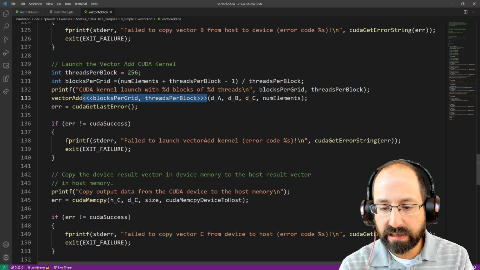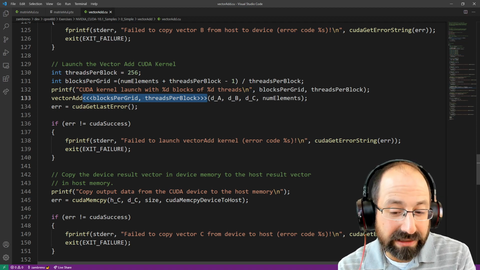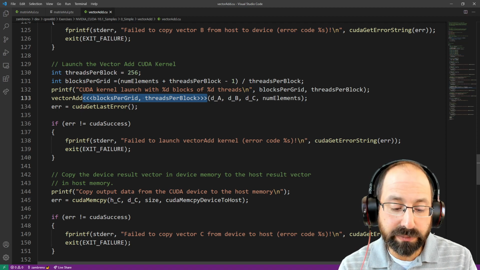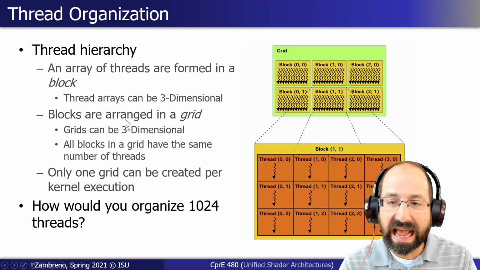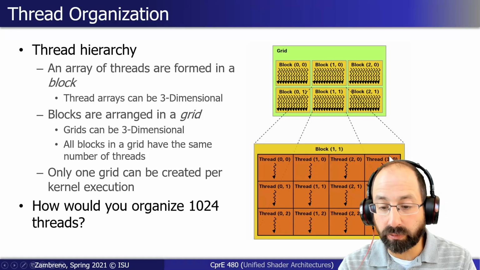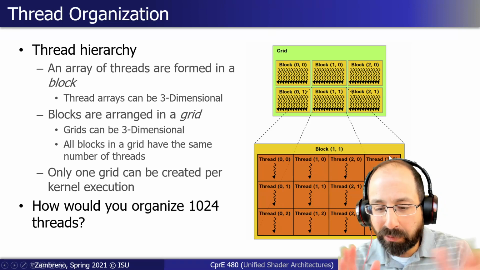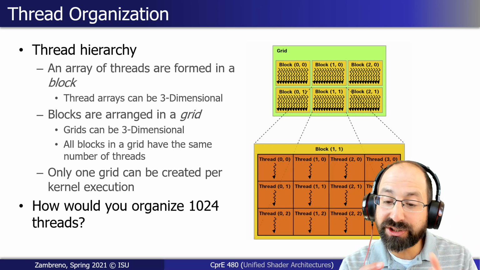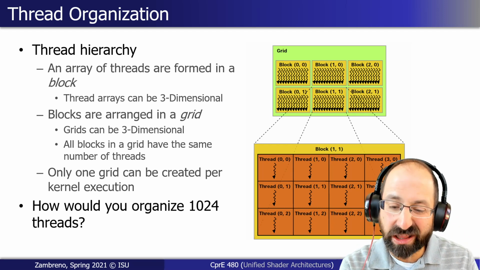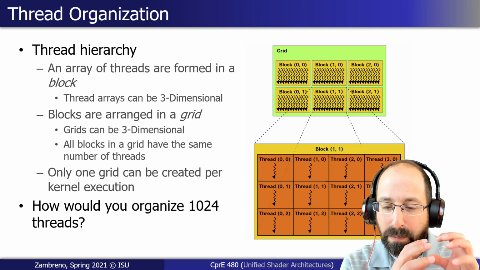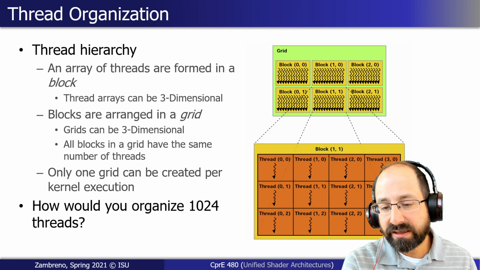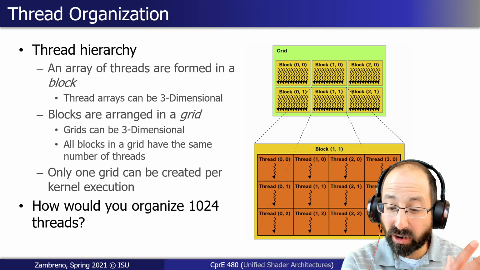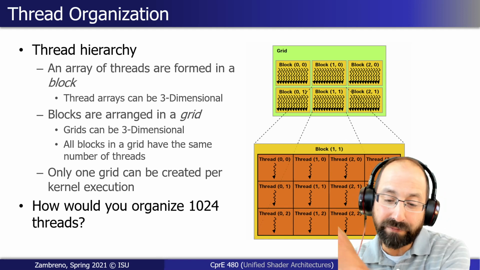So you're specifying that two layers of hierarchy of how things are going to be organized in terms of threads. It seems arbitrary, and maybe it is a little arbitrary, but the distinction between the two is in how these get mapped to our hardware, and I will talk about this more. This is the whole point of this lecture, so we're going to get to this in some depth. As these threads are being executed on the device, it's done on a block by block basis. So we have a hierarchical layout of hardware and a hierarchical layout of threads.